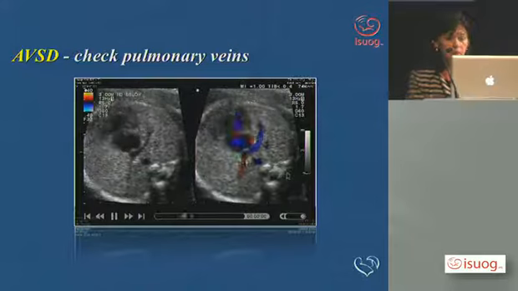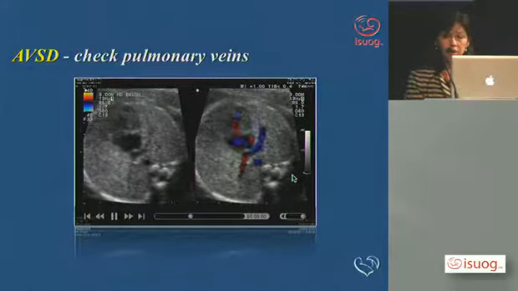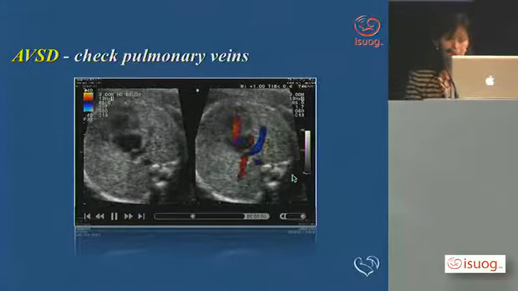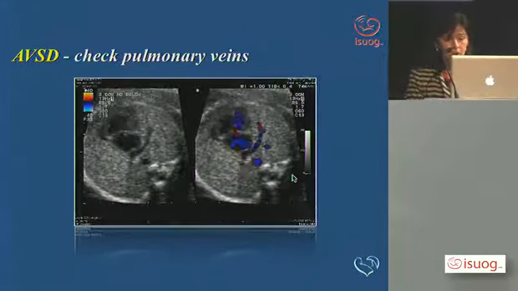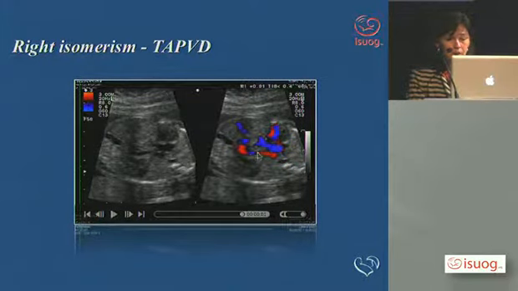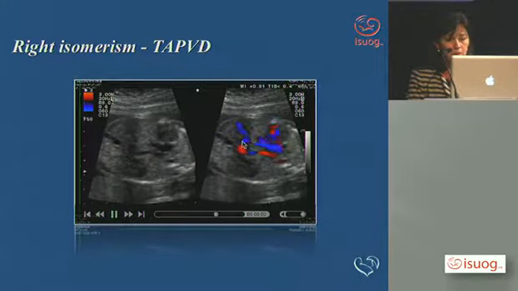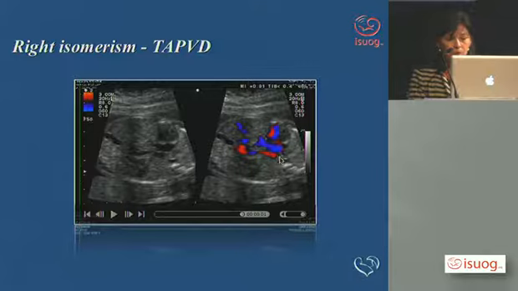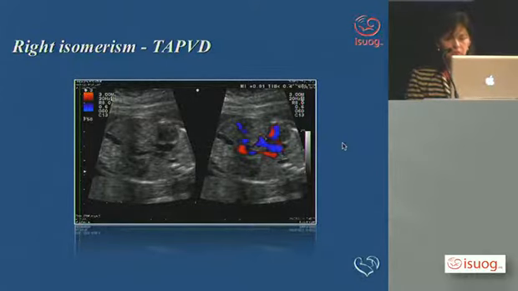Then you have to follow that. Where is that pulmonary vein going to? It's going up to the SVC, or down through the diaphragm. And in this particular case, we have a vein coming here, descending into the abdomen and eventually joining the portal system here. So this is a complicated heart with infradiaphragmatic TAPVD.